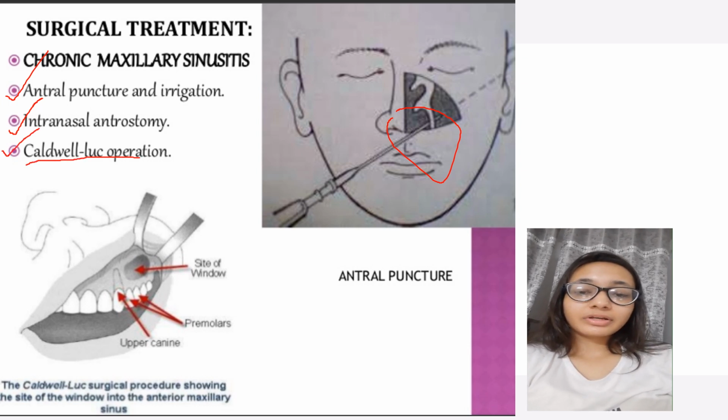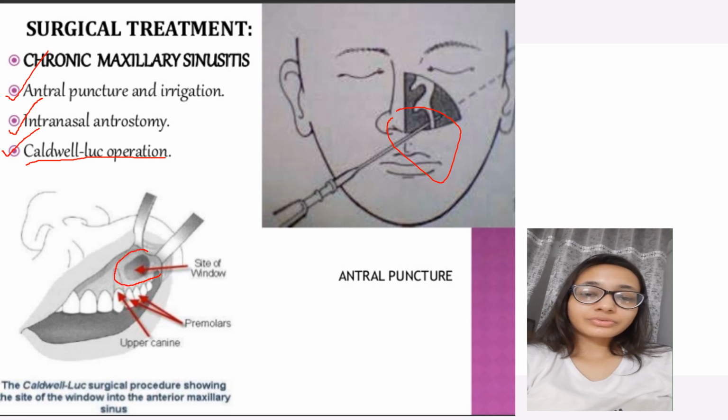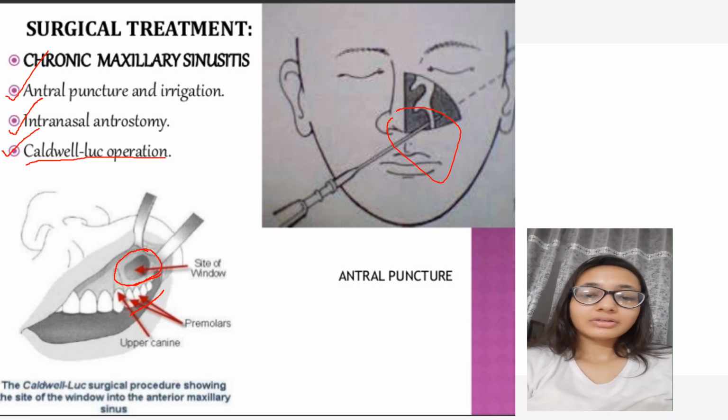In this, we give a horizontal incision, as you can see in this figure, in the gingivolabial sulcus from the lateral incisor to the second premolar, due to which we raise our periosteal flaps and the maxillary sinus is exposed. We remove the pathology, and then we close it by giving sutures.